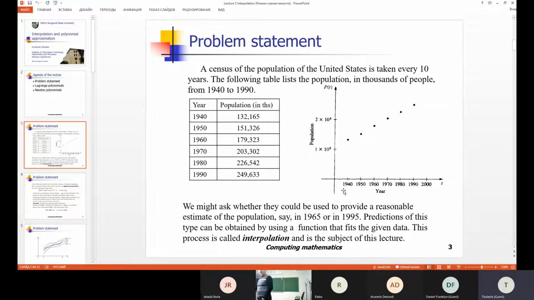Predictions of this type can be obtained by using a function that fits the given data. And this process of fitting the data with some function is called interpolation.